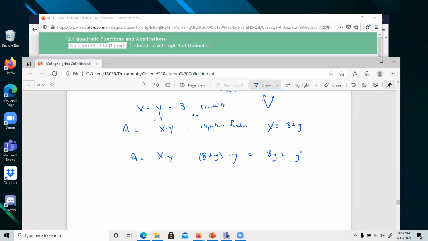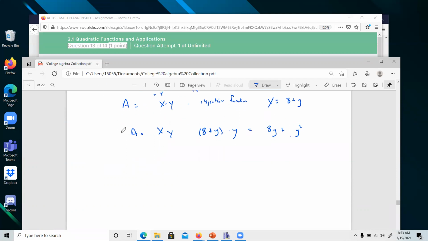It opens up, so I'm pretty happy that it matches my expectation. And again, where is this thing going to be minimized? I need the vertex. So the vertex is y equals negative b over 2a.